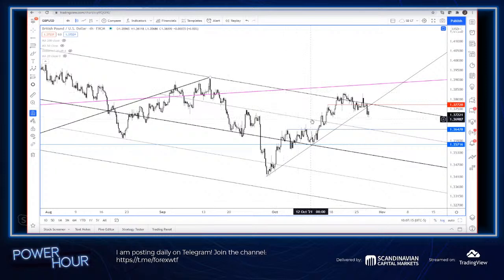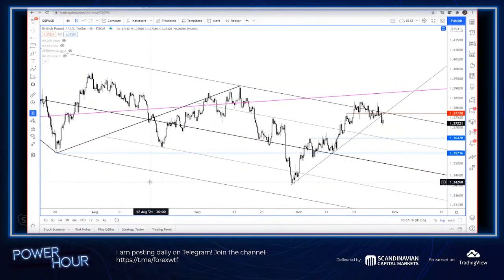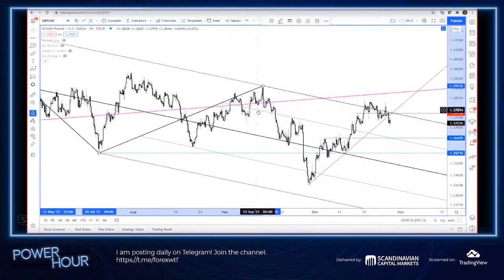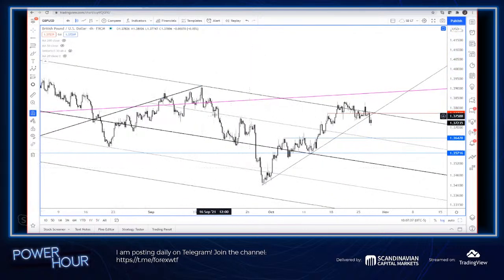Now, another reason why this 36.50 would be possible support, with the way I look at things: you see these gray parallels. If you're new to my type of analysis, these are what we call the 25 and 75 lines within the channel. You can see how price reacted, it was resistance at one point, and then we traded around it and came back up to the top of the channel.